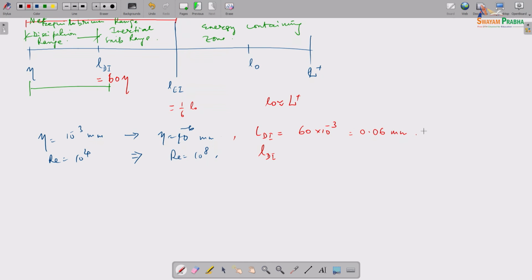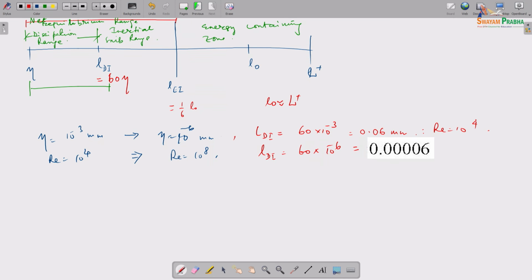Okay, so this is when RE is equal to 0.8, then this becomes much smaller, obviously.